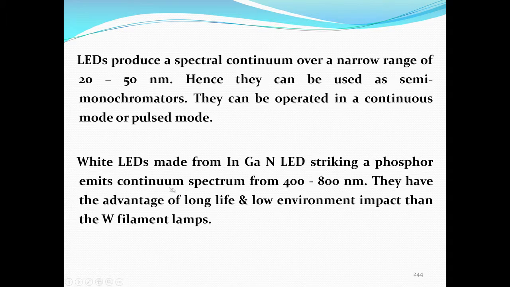I am not aware of LEDs giving you ultraviolet light, that is still a bit farther away, but LEDs emitting 400 to 800 nanometers have the advantage of long life and lower environmental impact than tungsten filament lamps. Of course, nowadays we understand that tungsten filament lamps are very energy guzzling, and many of the radiation sources have been changed to white LEDs.